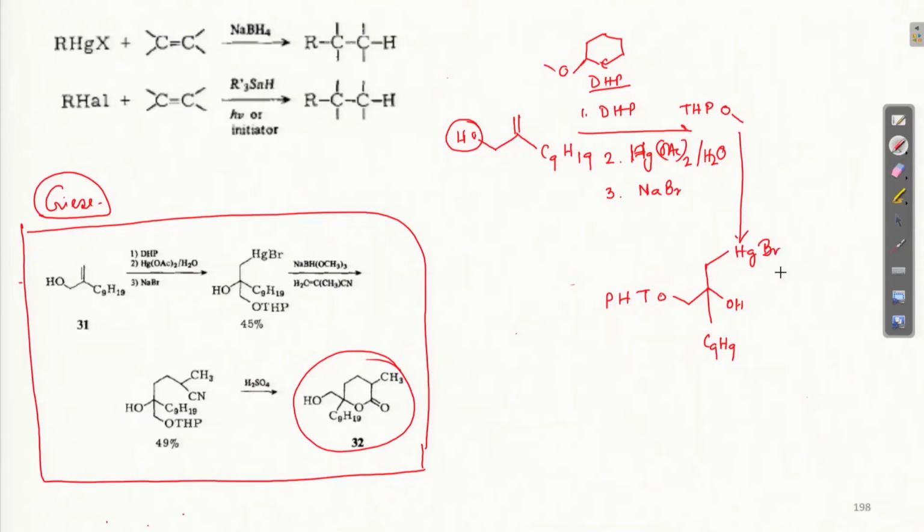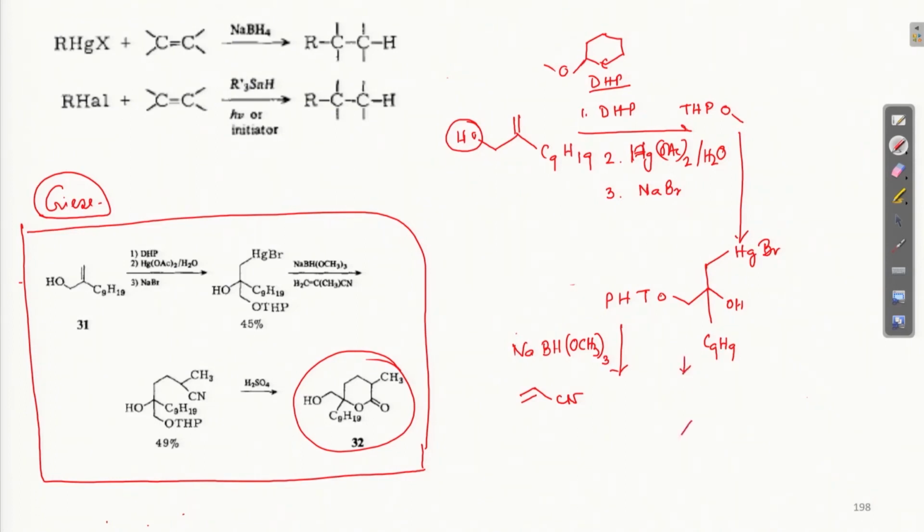So, the next step, as you have got this alkyl mercury bromide system, now you add sodium trimethoxyborohydride. In this case, we should stick to whatever the literature says. And you also add acrylonitrile. What is the purpose of sodium trimethoxyborohydride? It is to generate a radical at this position.